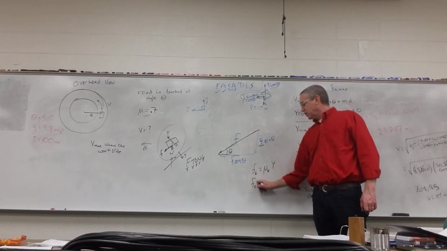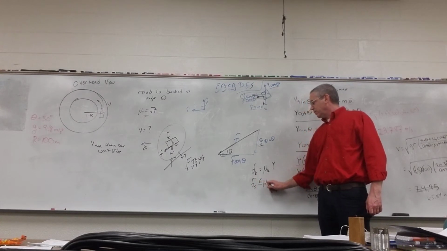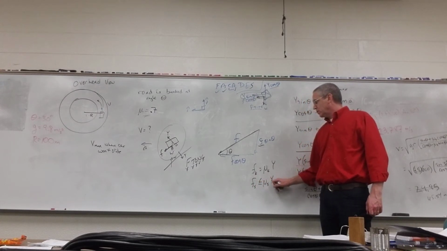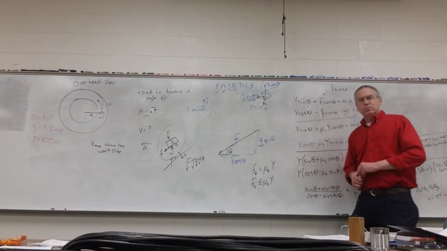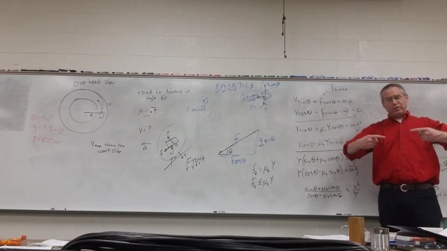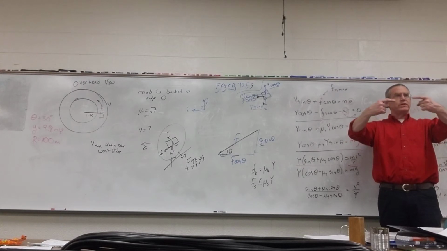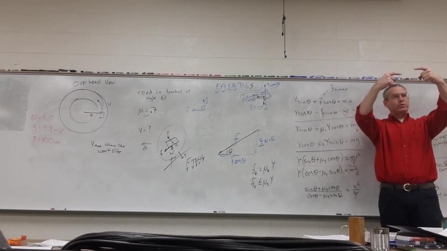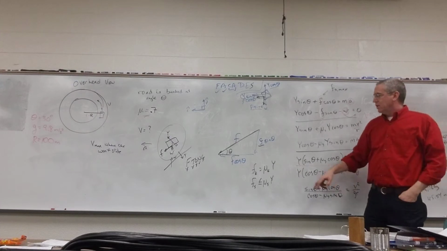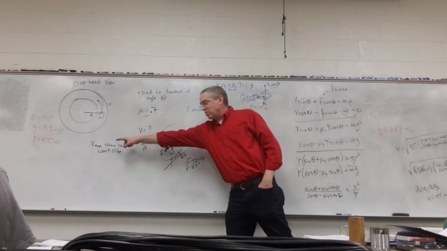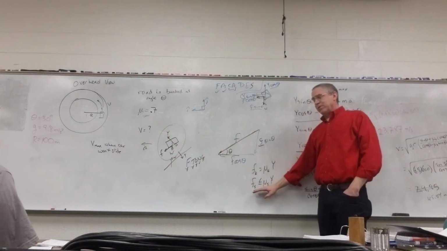Static friction is less than or equal to the static coefficient times the normal force. The static friction will match the applied force until you hit that breaking point, at which point it suddenly starts to slide. Because I'm looking for the maximum speed where it won't slide, I'm at that breaking point.